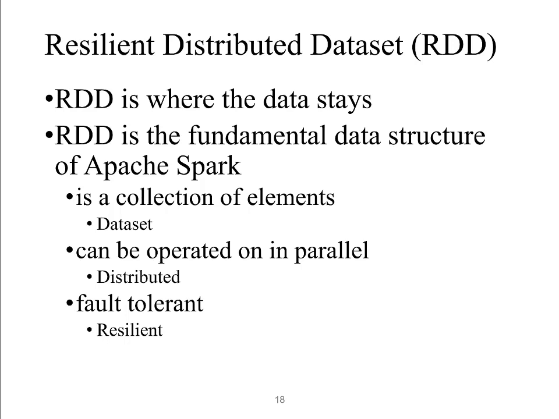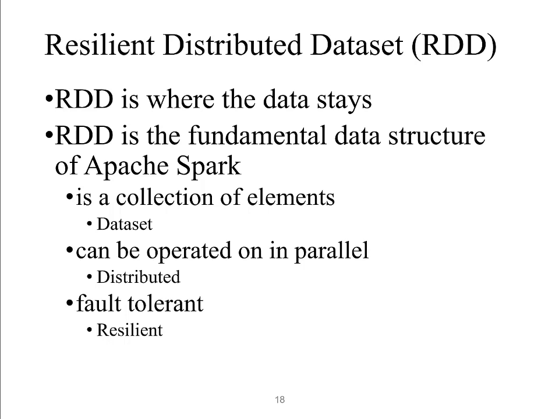So let's introduce what an RDD is, just from its name. First of all, an RDD is a collection of elements, so that makes it a data set. The elements here are equivalent to objects. So they can be integers.